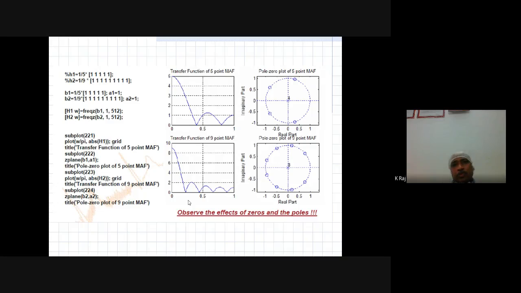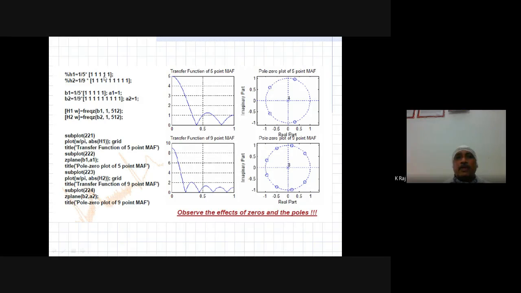Now suppose we consider an example. h1 is 1/5 multiplied by 1, 1, 1, 1, 1. How many points are there? There are 5 points, so it is a 5-point moving average FIR filter.